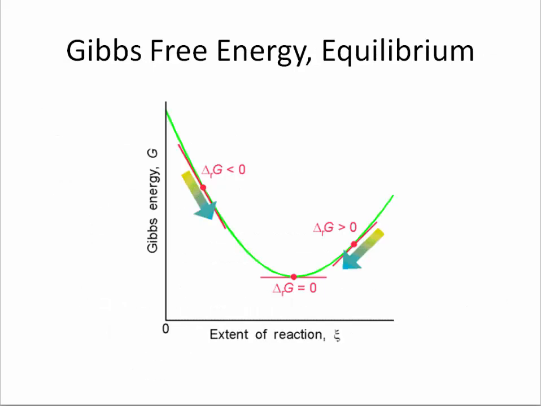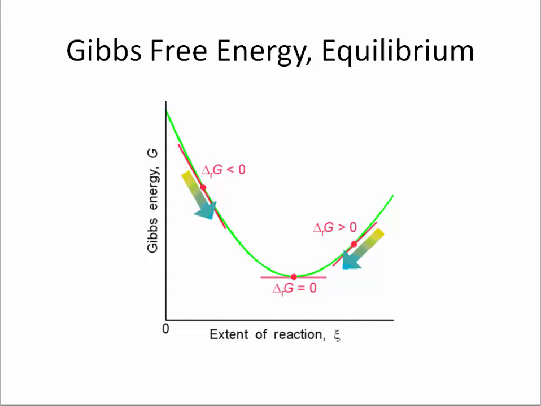And here is what I just said in words in a graph form. If you look at the x-axis, it's telling you the state of the reaction, so how far has the reaction proceeded. And on the y-axis, you see the Gibbs free energy. So what you see is a reaction starts at 0, and the Gibbs free energy is decreasing and decreasing until finally it comes to this well, which is at the bottom of a well, and that is where equilibrium is.